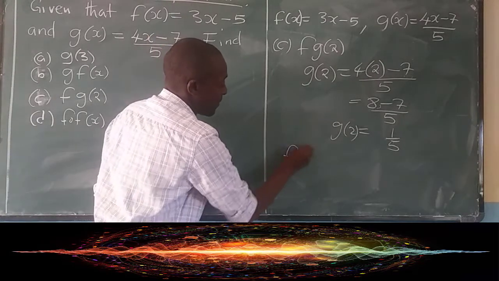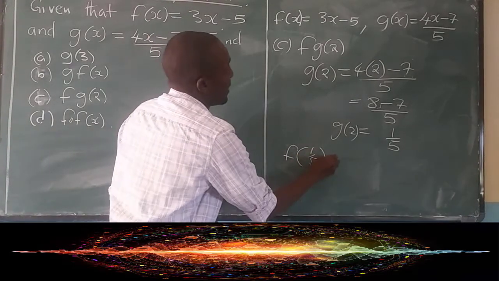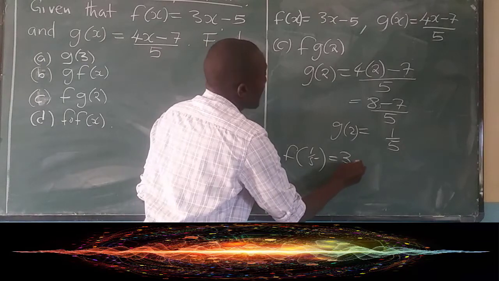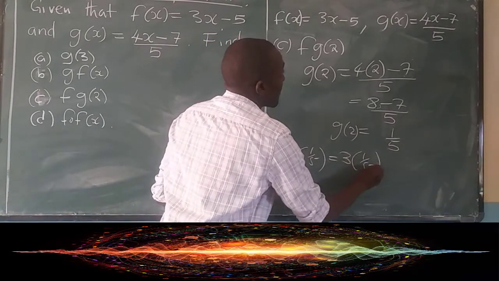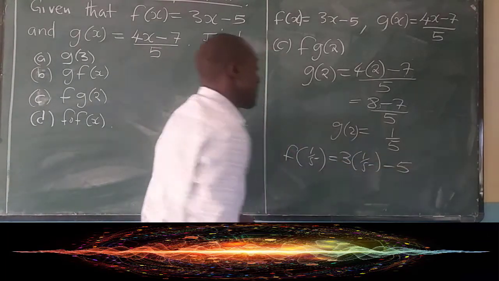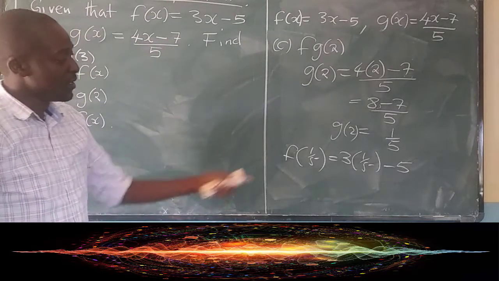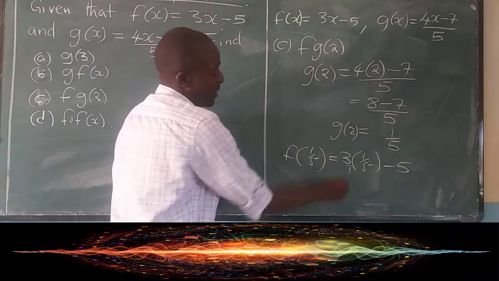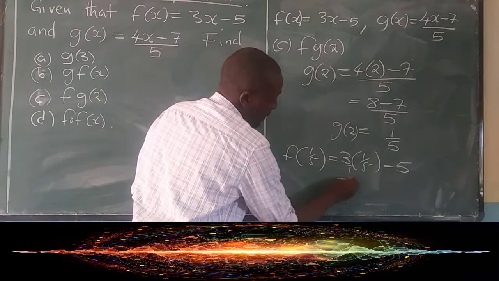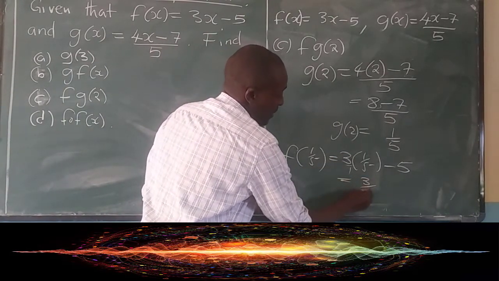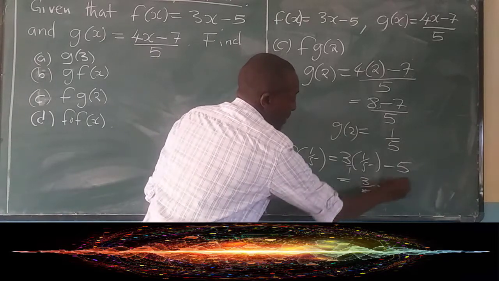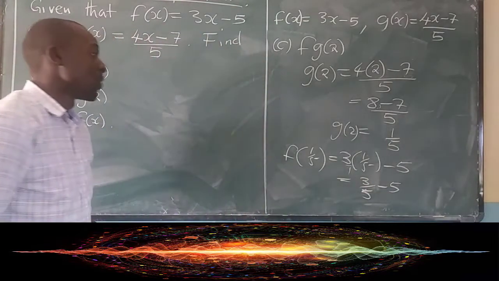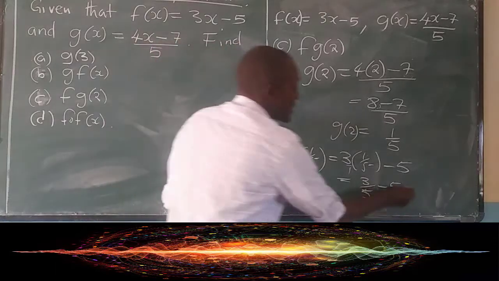You say F of 1 over 5 is equal to 3 times 1 over 5 minus C minus 5. And then you can simplify this, you can expand those brackets. This is over 1 here. Do 3 times 1, I'm going to have 3 over 5 minus 5. Okay? We are going to continue this side.